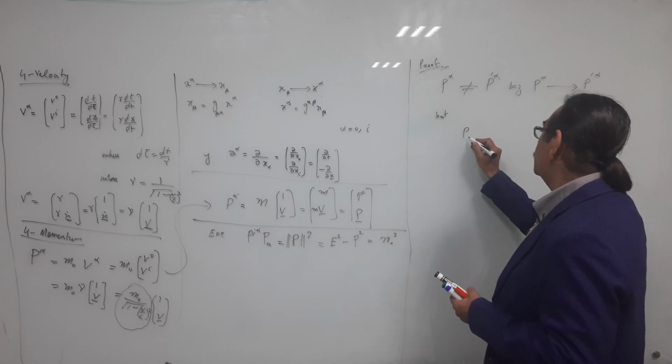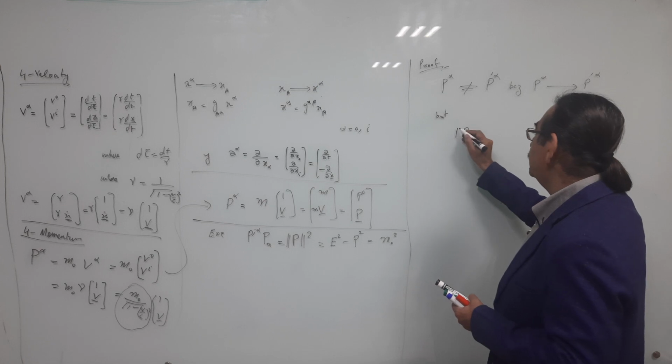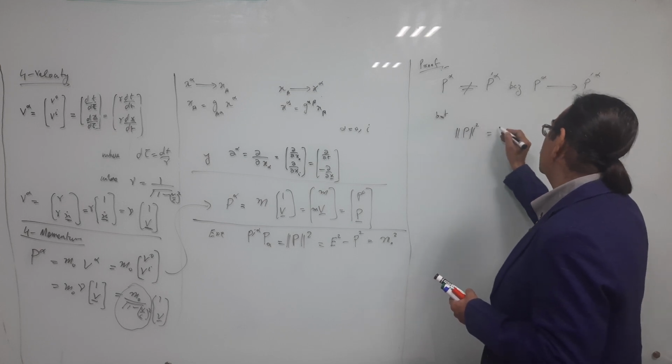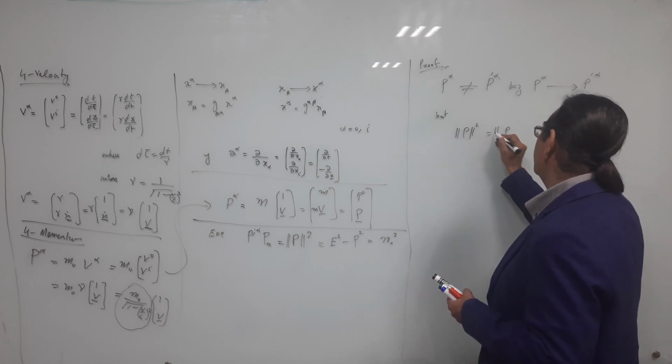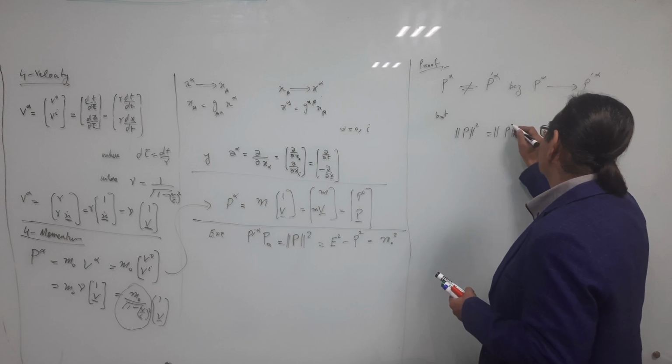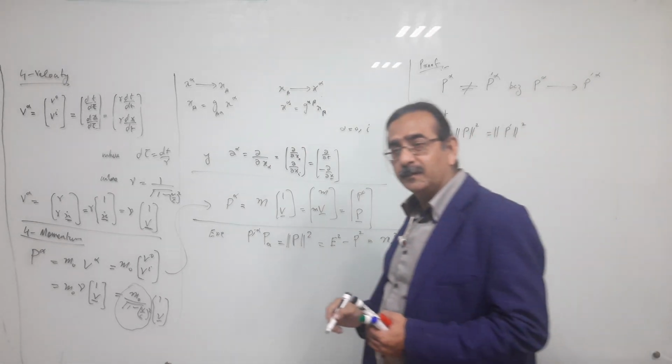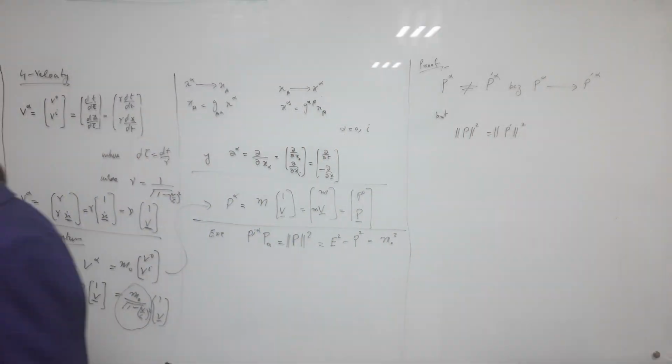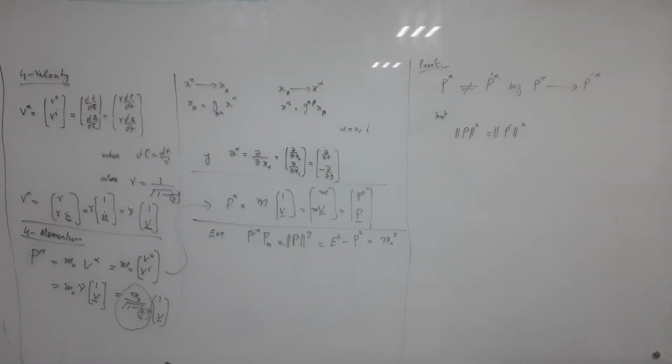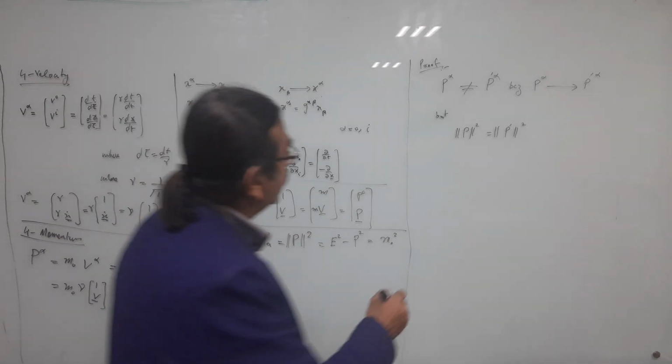But their length P square will be equal, because a vector is transformed in such a way that their length remains the same. Under all types of transformation, their length will remain invariant, and so they may be written in this form.